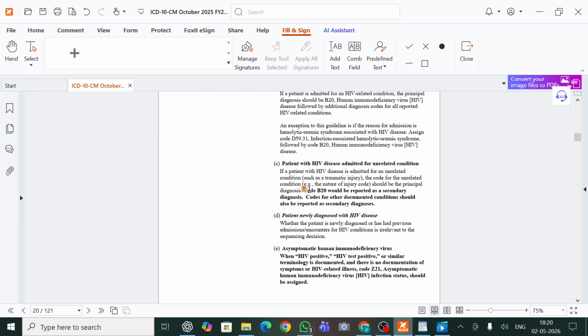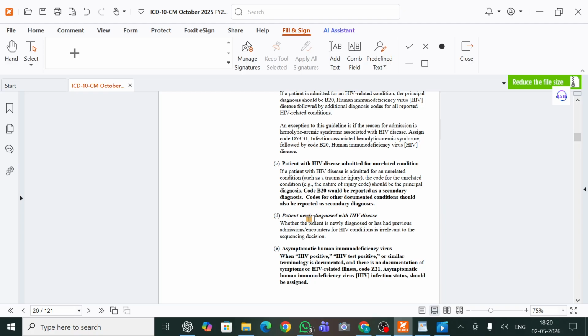Third one is patient with HIV disease admitted for an unrelated condition. So the patient is admitted with AIDS or HIV disease, but their symptoms are unrelated to the AIDS.